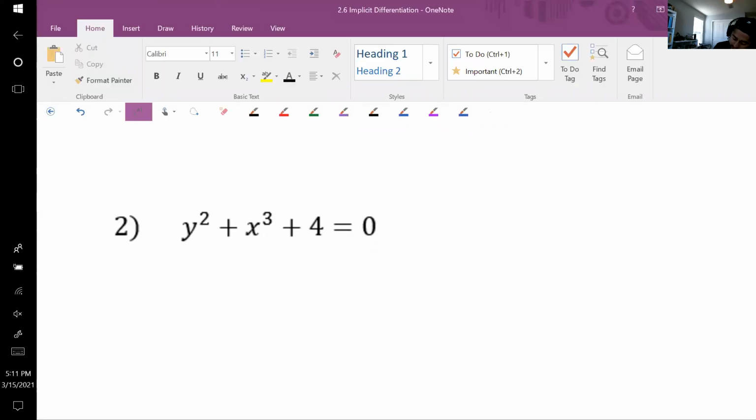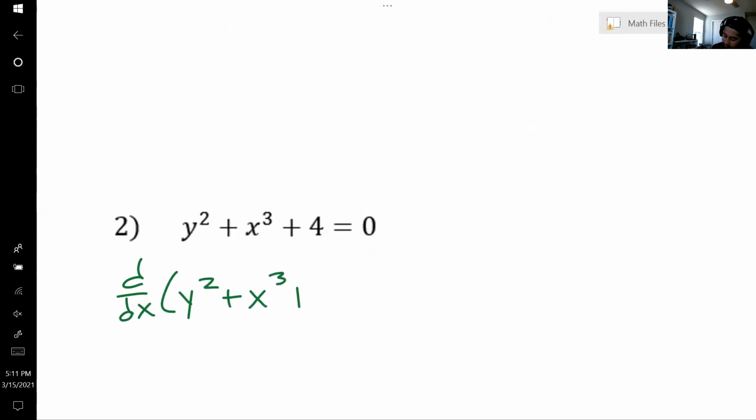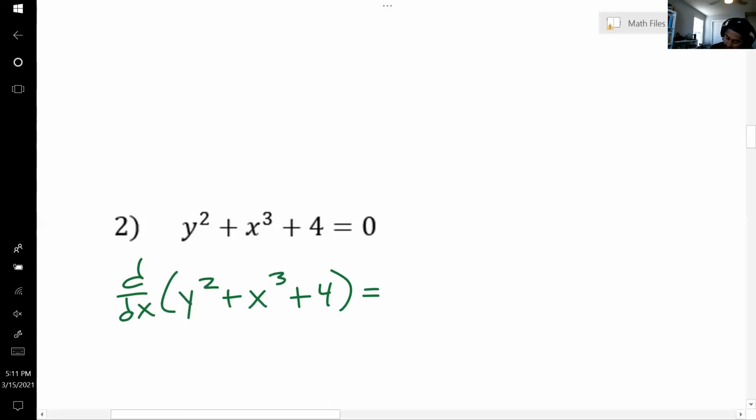And we're going to say d over dx of y squared plus x cubed plus 4 equal to 0. Nope, not equal to 0. I need that d over dx, sorry. d over dx of 0.